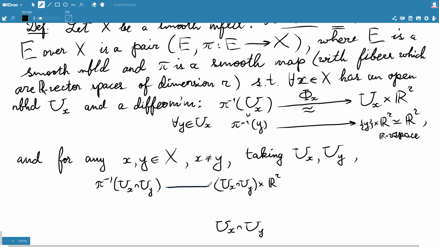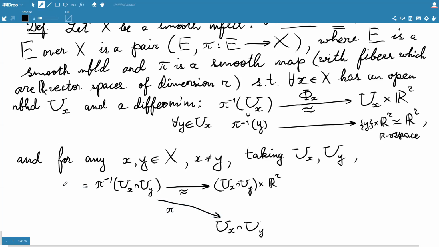Here we have the diffeomorphism. So this is a projection pi restricted onto this.